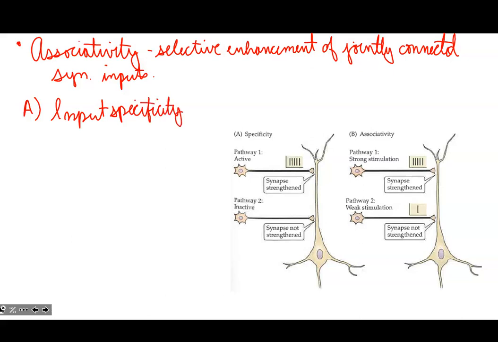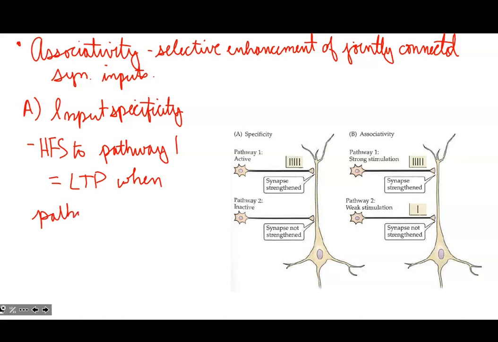The idea here is that if we provide high-frequency stimulation to pathway 1, this causes us to see LTP when pathway 1 is stimulated after that high-frequency stimulation.